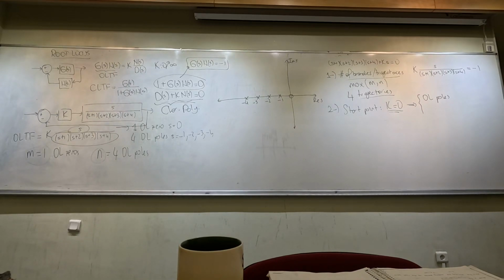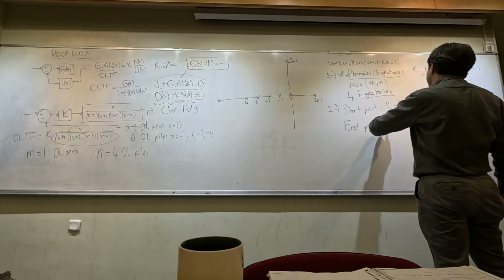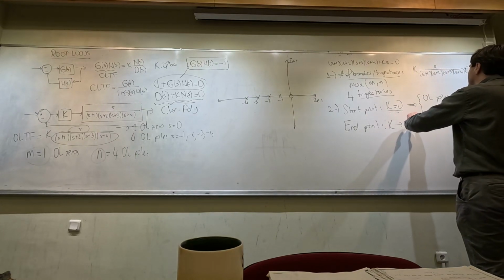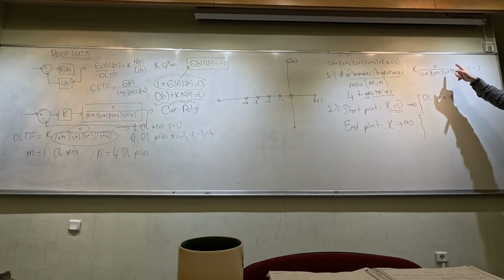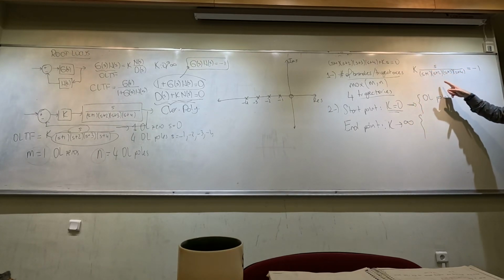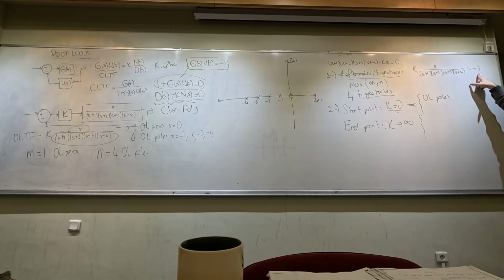Okay? And endpoints are the cases when k goes to infinity. If k is infinity, in order to be able to satisfy this equation, this ratio should be equal to 0. Because if this was a non-zero number, when k is equal to infinity, the right-hand side would be infinite. Okay?